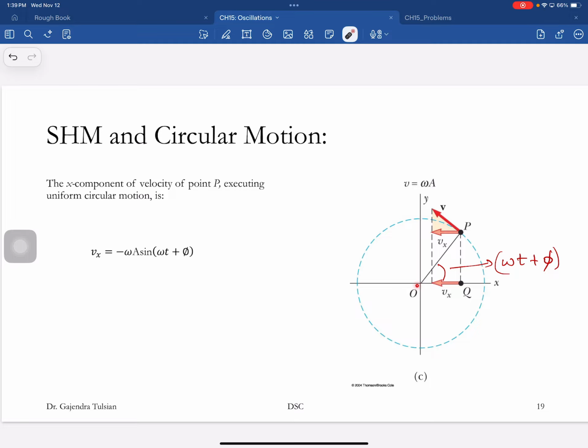And what this is telling you, v is the magnitude of the speed that's related to the angular velocity and the radius of the circle. The radius of the circle is equal to the amplitude of oscillation. So this component of the velocity is that. For a uniform circular motion, that's equal to that.